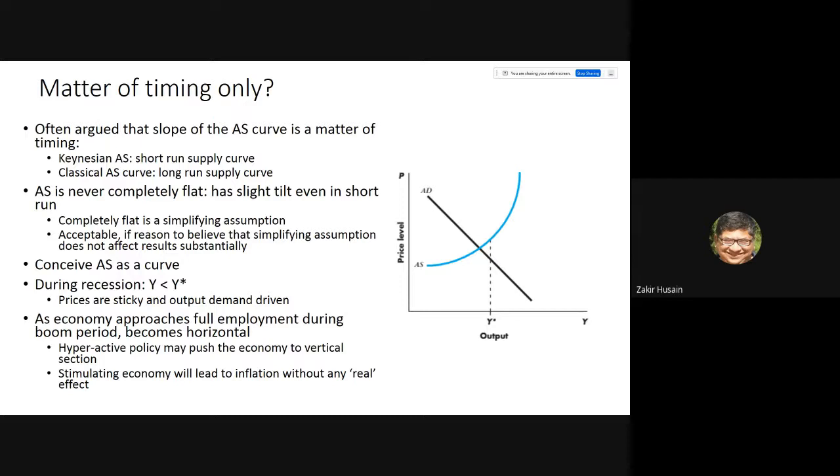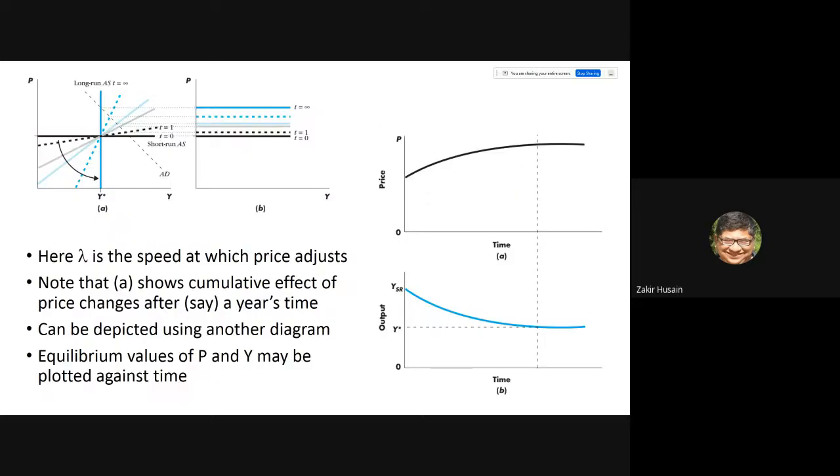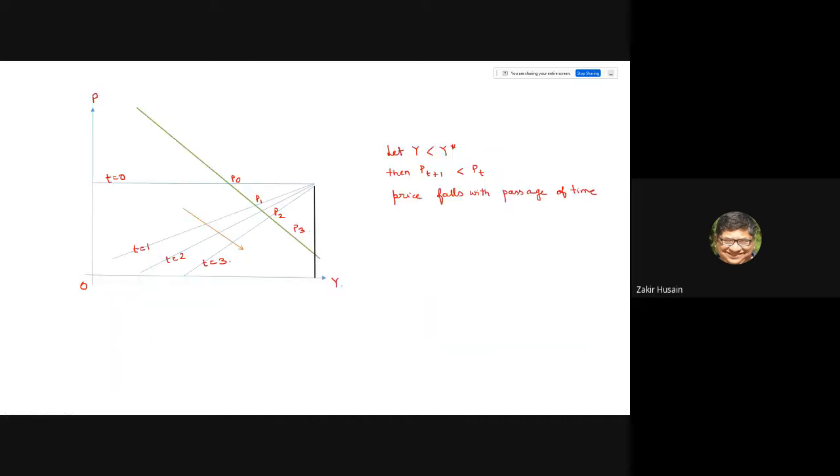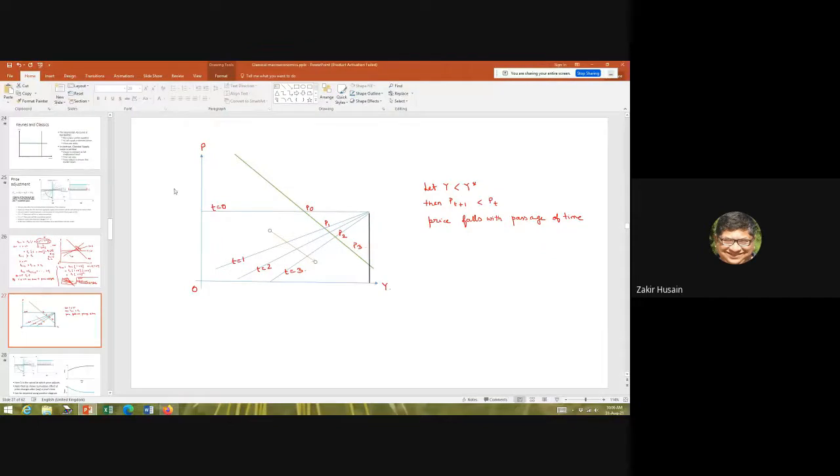In reality, supply curves are never completely flat. They have a slight tilt, even in the short run. So in the Keynesian case, it is never exactly like this. Let me show over here. What will happen is, it's going to be like this.